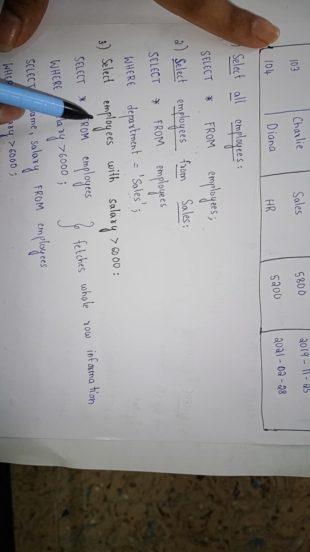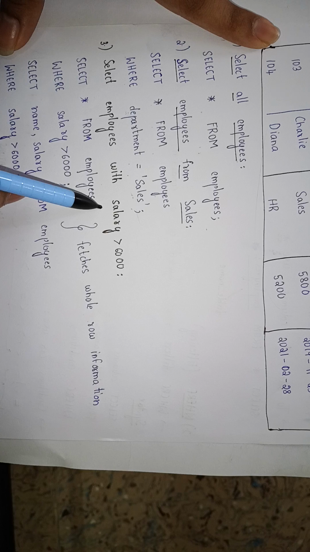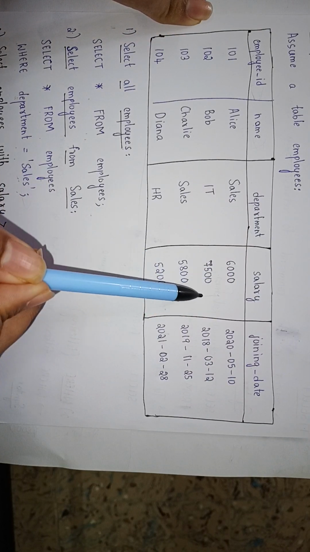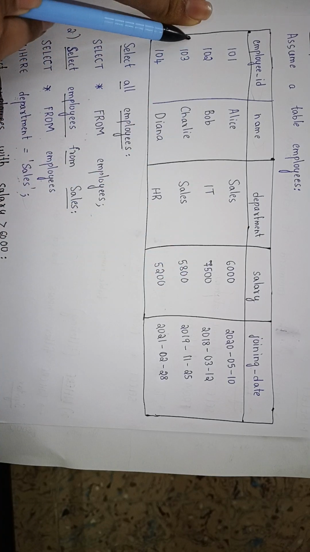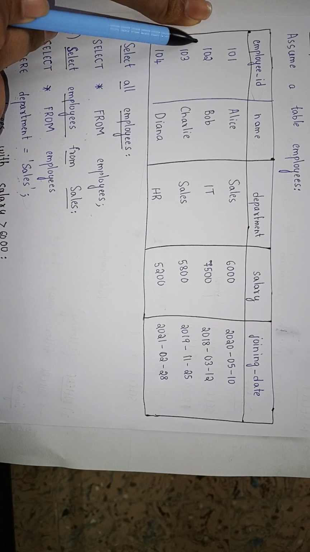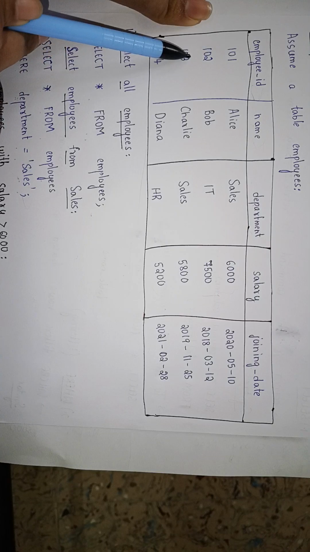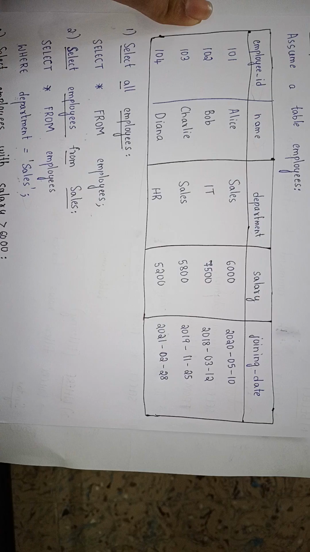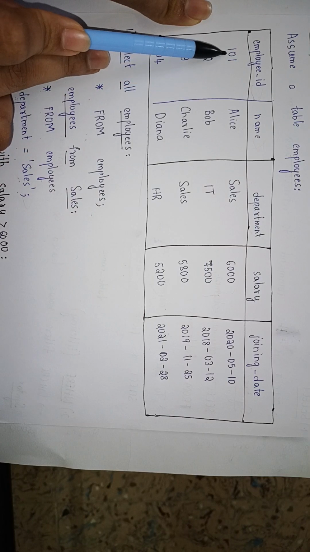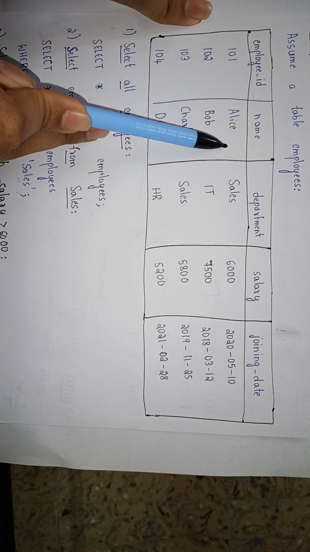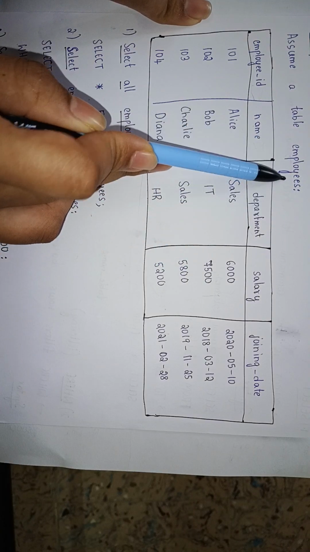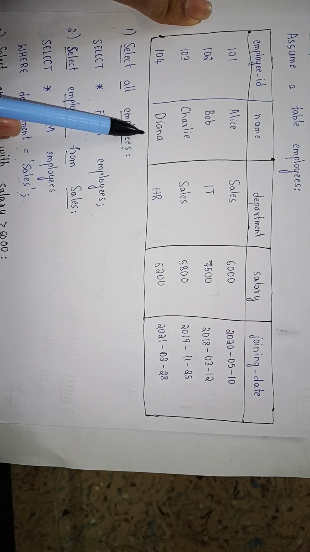Next comes selecting employees with salary greater than 6,000. If you mention salary greater than 6,000, we get only the first two employees, 101 and 102. To fetch complete details of all the columns for those two employees, we use select asterisk. But if I use select employee ID, comma, name from the employees table, it only gives us these two columns.